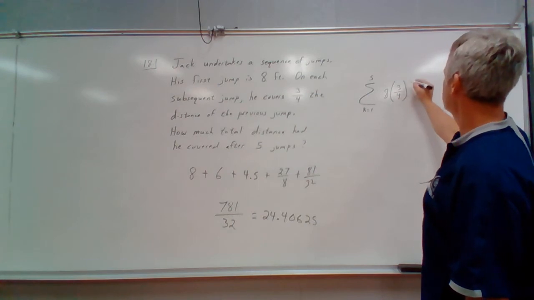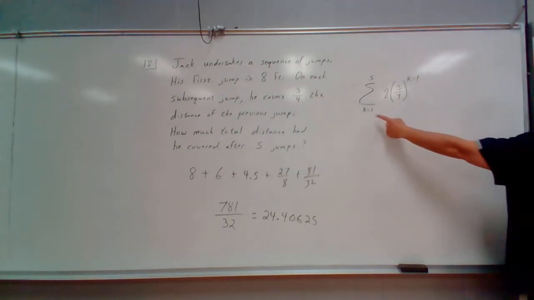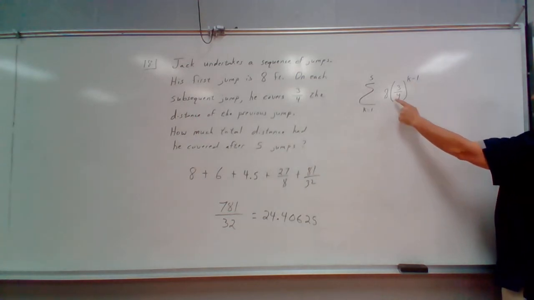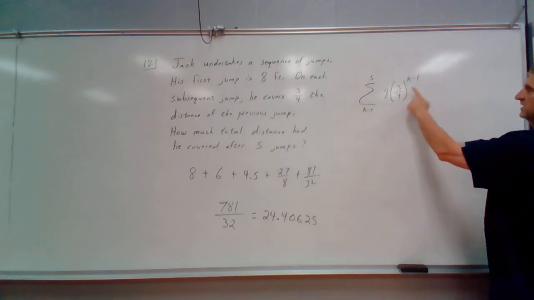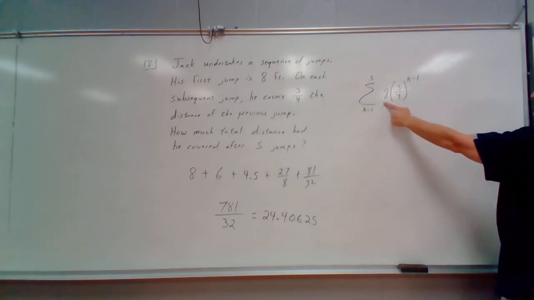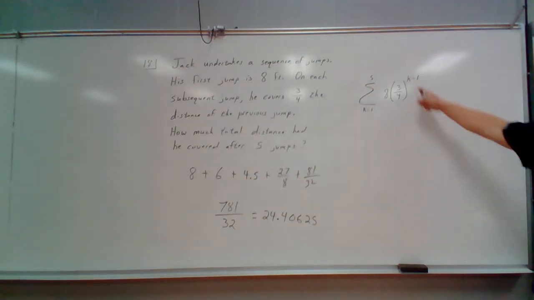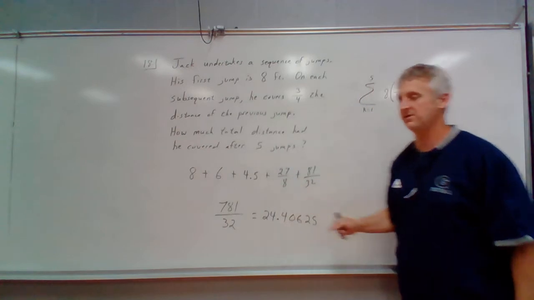So I'll have 3/4 to the k minus 1 power. If I plug in 1 for k, 1 minus 1 is 0. 3/4 to the 0 is 1, so I get 8 on the first. Plug in 2 for k, 2 minus 1 is 1. 3/4 to the first is 3/4. 8 times 3/4 is 6. And so on all the way up to 5. So this is just a shorthand way of writing what we have here.